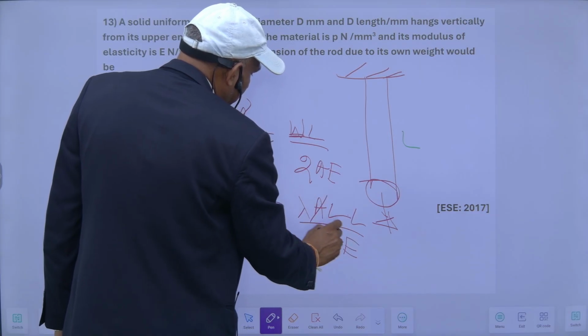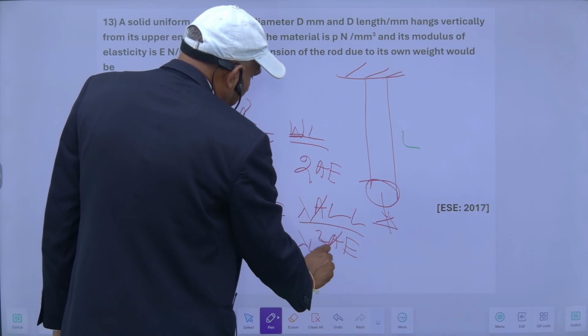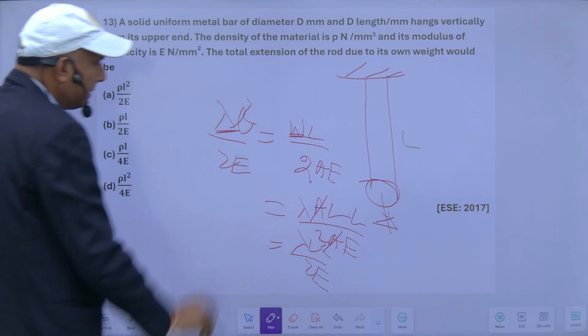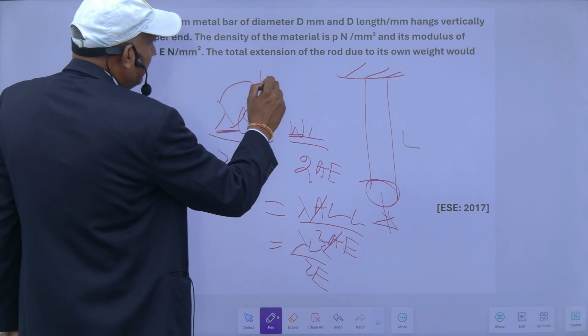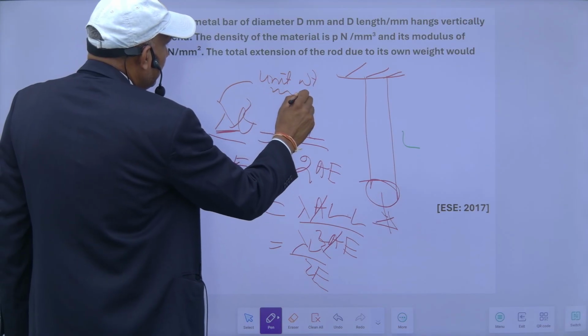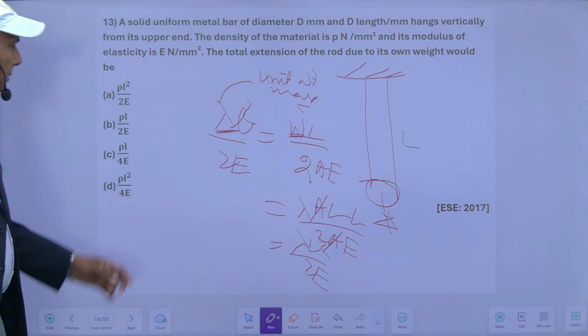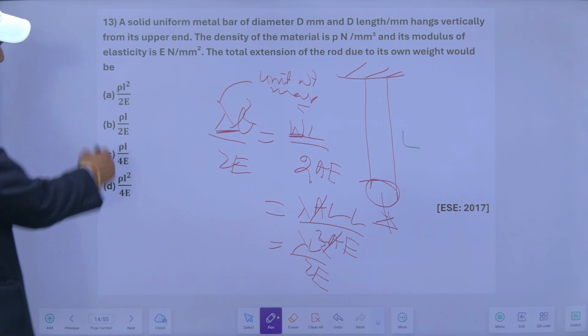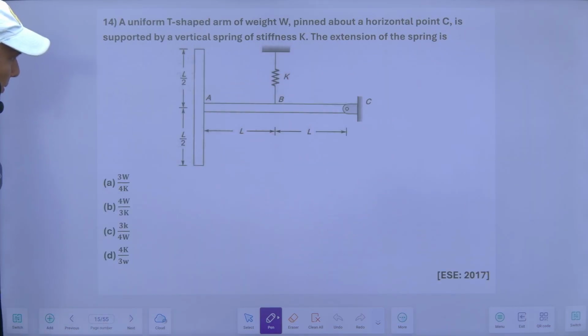So it will become rho L square upon 2E, where rho is the unit weight. So this is the correct answer.